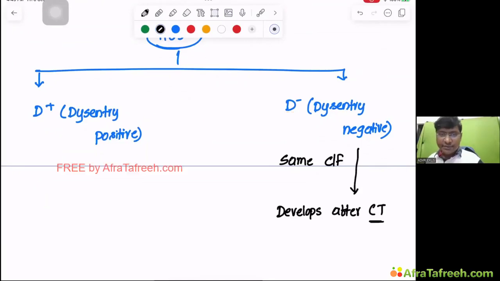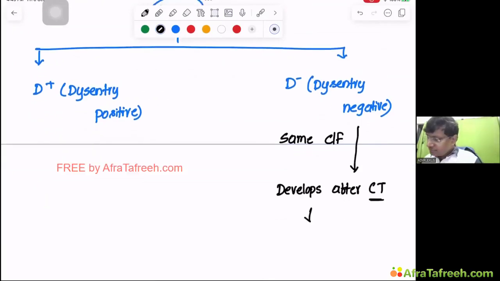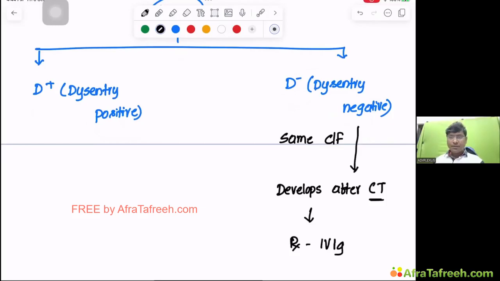CT stands for chemotherapy. And what is the treatment that you should give? In dysentery negative, you need to give intravenous immunoglobulins. So this is what is called D negative, that is dysentery negative hemolytic uremic syndrome.